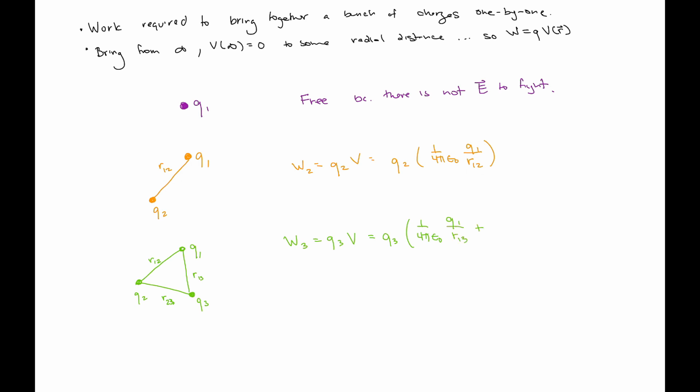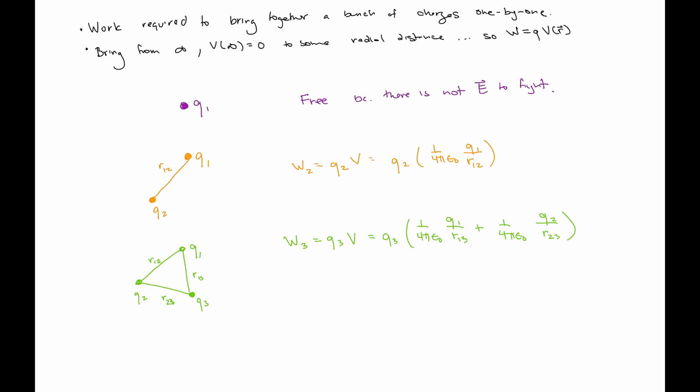So that's the potential at this object's location due to this charge, and then I've got to add the potential at this object's location due to this charge. That's going to give me another term.